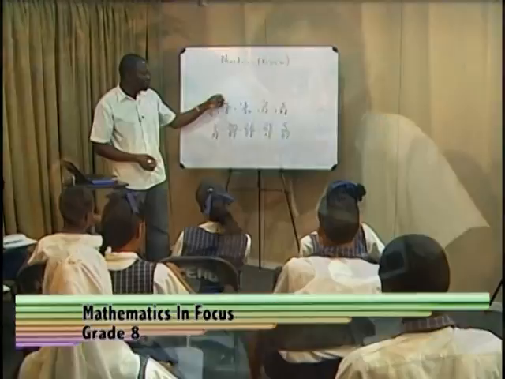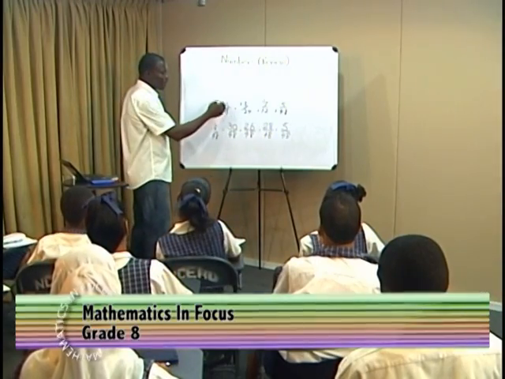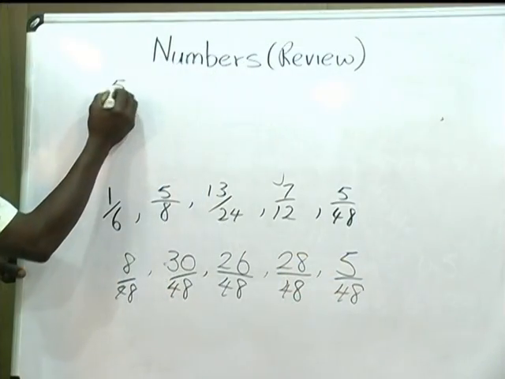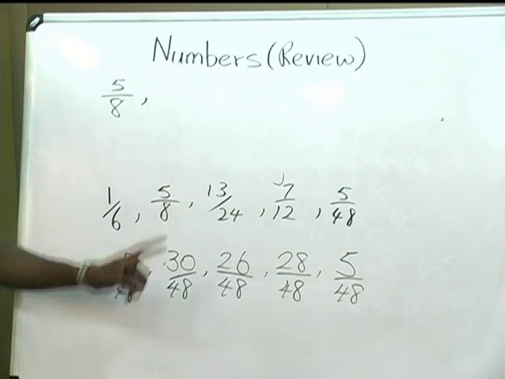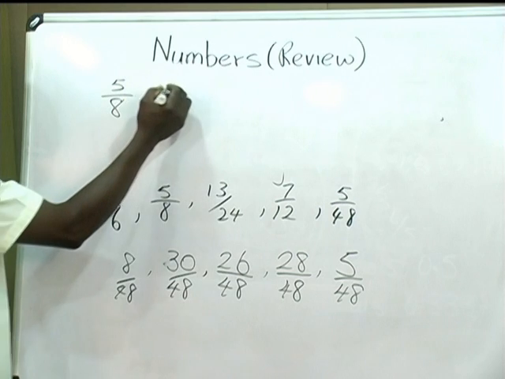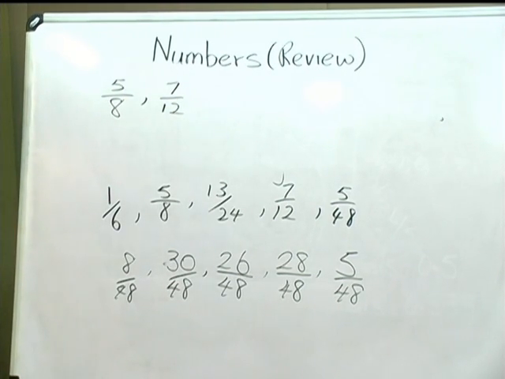But which of these fractions does 30 upon 48 correspond to? 5 eighths. So we start with 5 eighths. Which one is next in order? 7 upon 12, because we have the 28 upon 48, which corresponds to 7 upon 12.